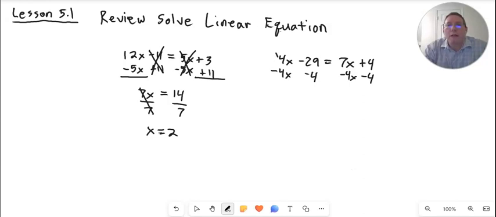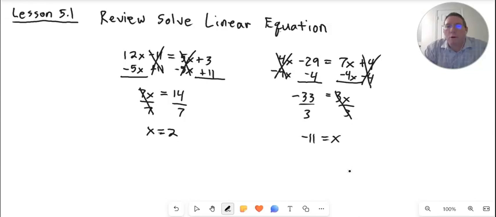Okay, so over on the left, we're canceling the x, and over on the right, we're canceling the constant. So then on one side of the equation, negative 29 minus 4 is negative 33, and 7x minus 4x is 3x, divide by 3, and we get negative 11 is equal to, this cancels, is equal to x, or x is equal to negative 11.